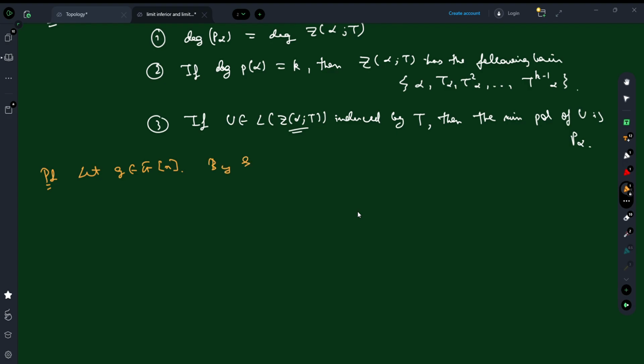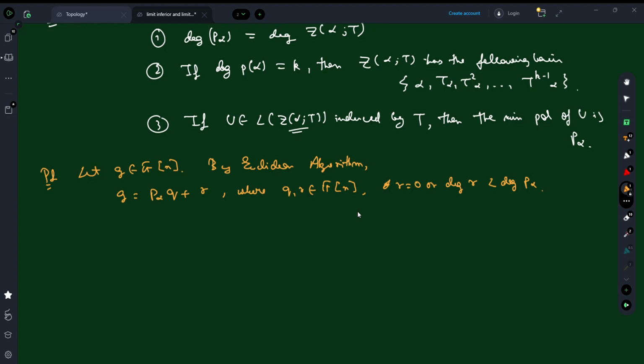By the Euclidean algorithm, G can be written as P alpha times some Q plus R, where Q and R both are polynomials from the underlying field. R is equal to 0 or its degree is less than the degree of P alpha here. Clear?